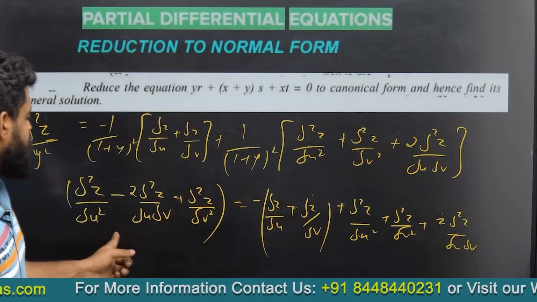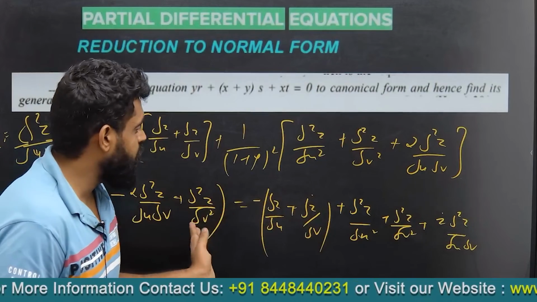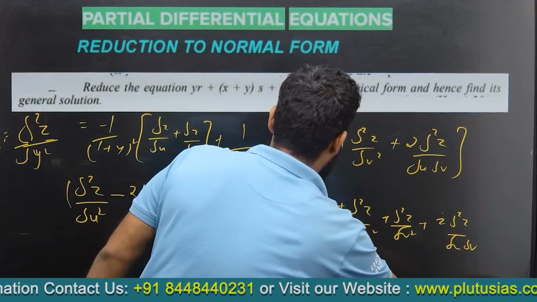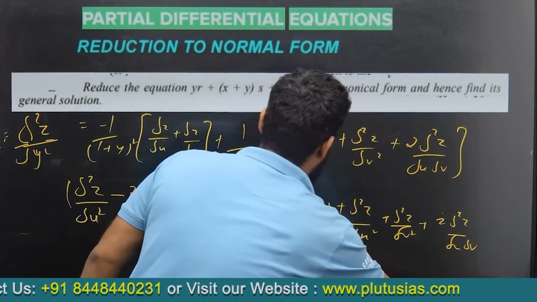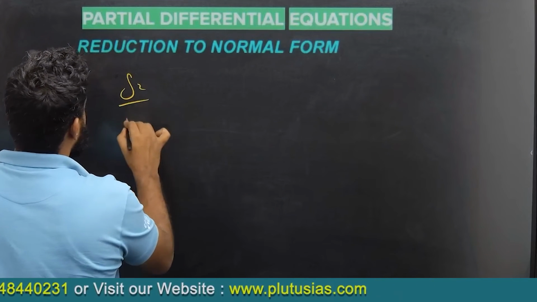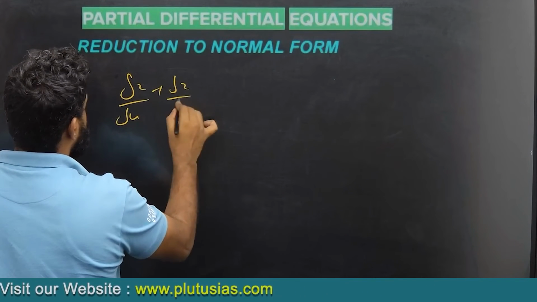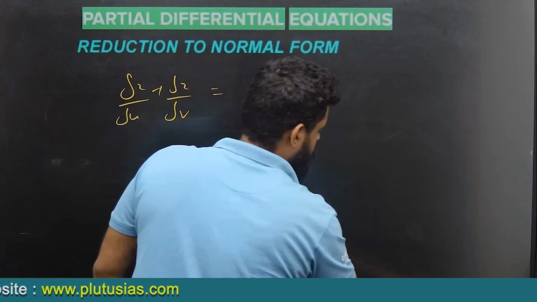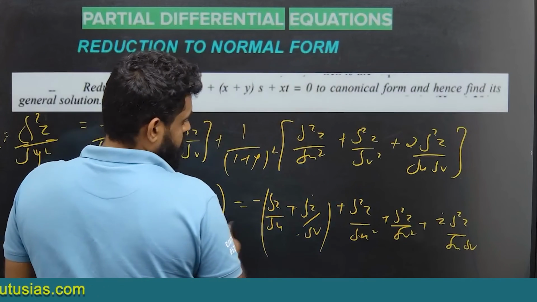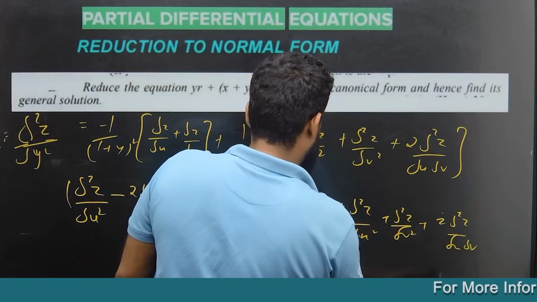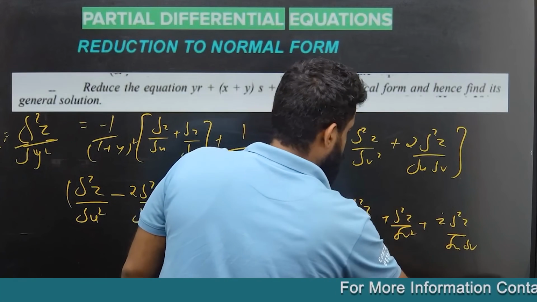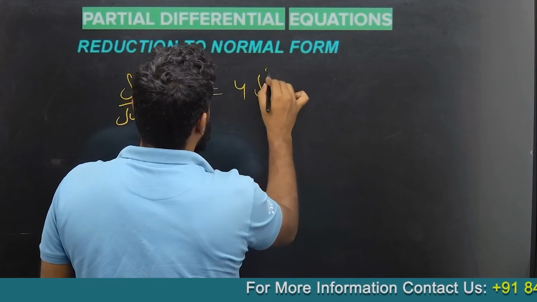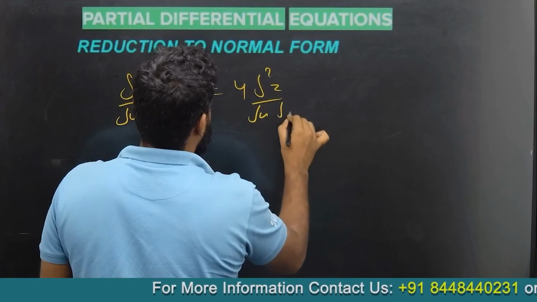These two cancel out, and if I take this to that side, we get ∂z/∂u plus ∂z/∂v equal to 4 times ∂²z/∂u∂v.